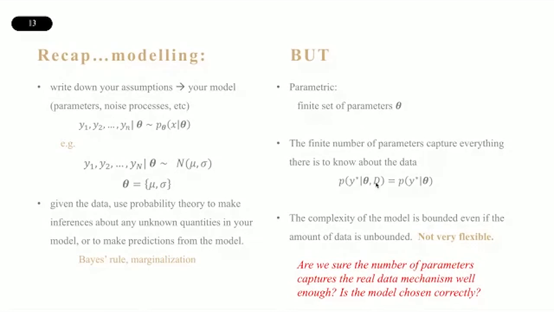By choosing the specific parameters and the specific number of parameters, are we sure that the model we construct is good enough, in the sense that it captures the reality of the data? Are we sure that the model is chosen correctly? Maybe we need more parameters or a different prior. We're never sure about that.